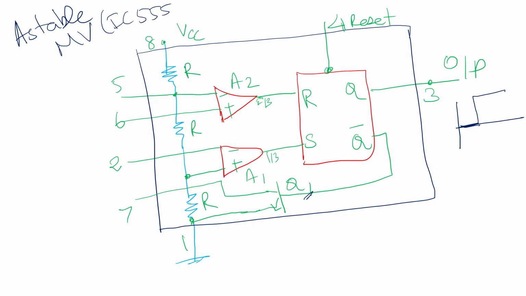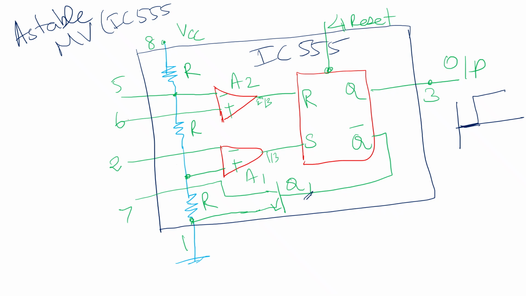Yes, so the internal diagram of IC 555 we have seen. So this IC 555 timer, how it is being applied or used as an astable multivibrator, that we will be discussing now.